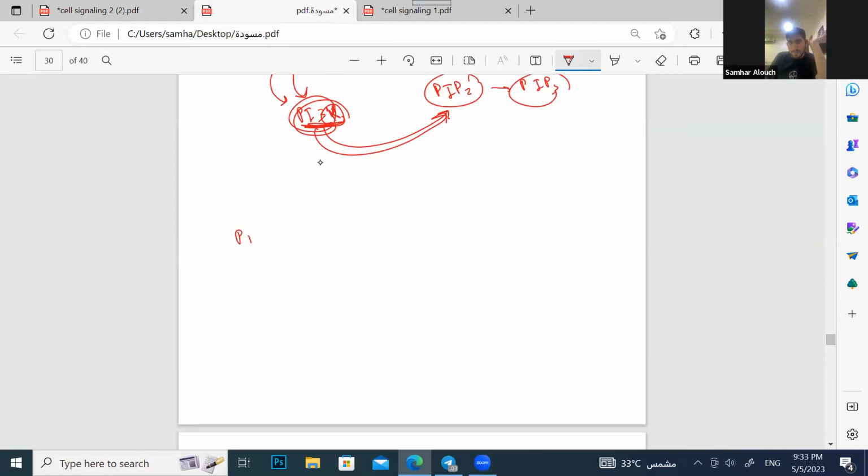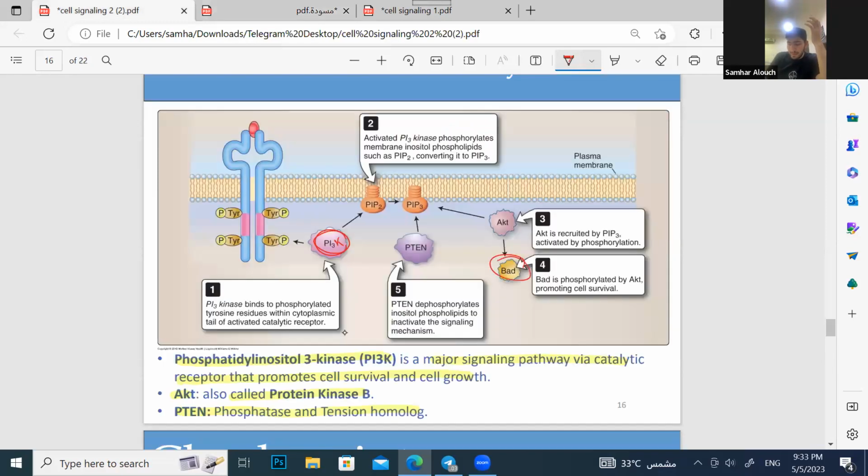Okay, now this PIP3 can do one important thing. This PIP3 goes and phosphorylates or activates something called AKT. Okay, and this AKT can go and phosphorylate one last thing. This one is BAD. Okay, so PIP3, it's a reversed arrow. PIP3 can go and activate AKT, which is recruited by PIP3. See, the writing is wrong.